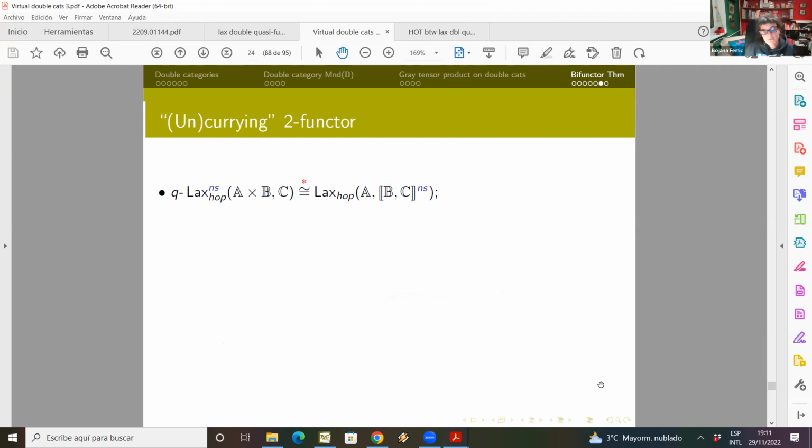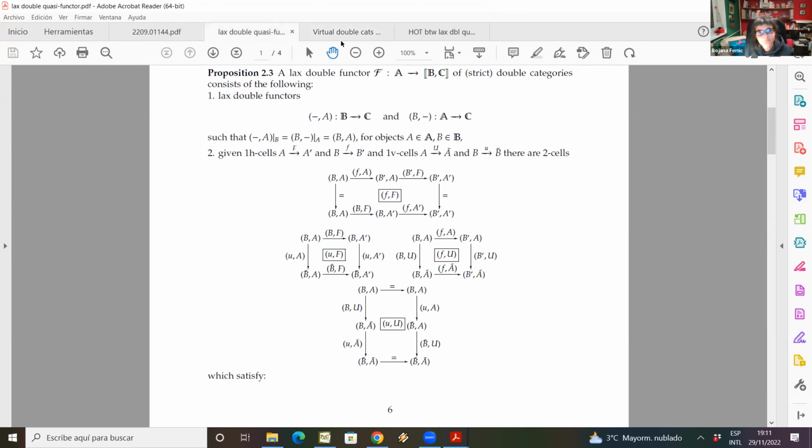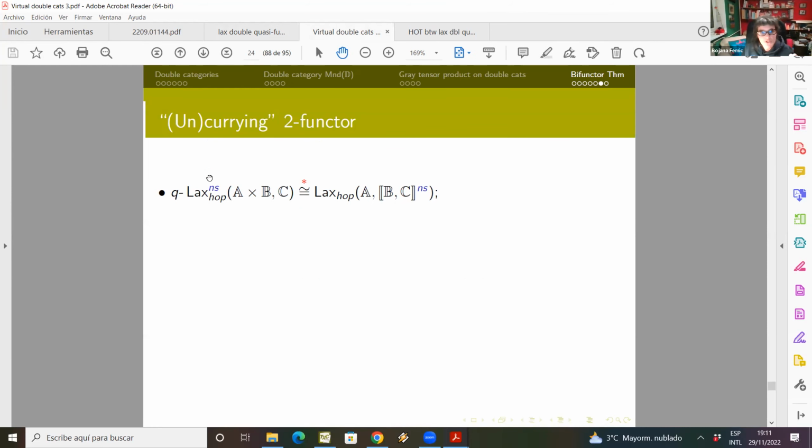Now there is this story about currying and uncurrying functors. This terminology, as I understood, comes from computer science. I really don't know much about it. I will just say how one gets to them. So this star is to tell that this is an isomorphism that we already saw before, but here I just add this NS to tell you that I'm restricting to the case where this two-cell UU, which appears in the characterization of quasi-functors here, should be identity.